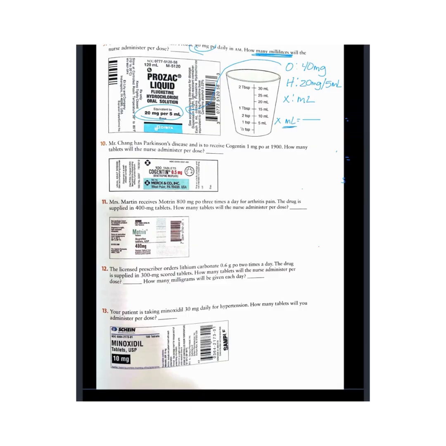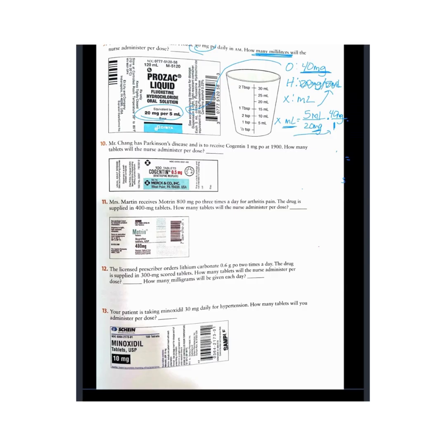I want to start my numerator with that, and I want to insert my given quantities. I want my numerator and my denominator to match. I can cross that out because I've used it. All I'm left with is my 40 milligrams. If that didn't match, I would need to insert a conversion here.